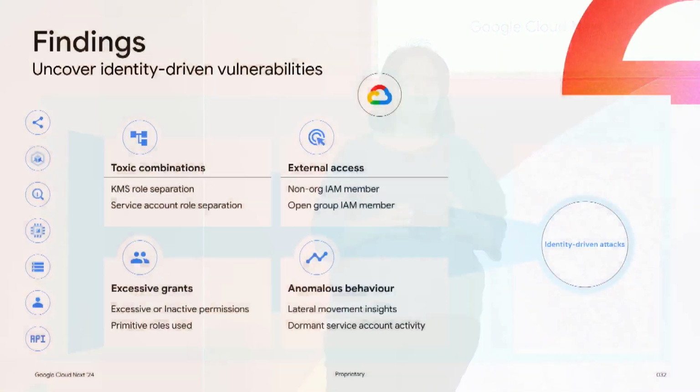Now let's talk a little bit more about the kind of findings that we generate. So we have been focusing a lot on over-permissions and unwanted access, but SCC today detects signals that are beyond that as well. So we do have signals where there are some interesting combinations that, when brought together, can be a very potential security threat. One of the examples Tim just walked us through, where you can have a vulnerability on an over-permissioned account that can result in a security threat.